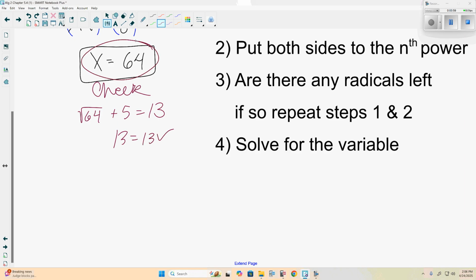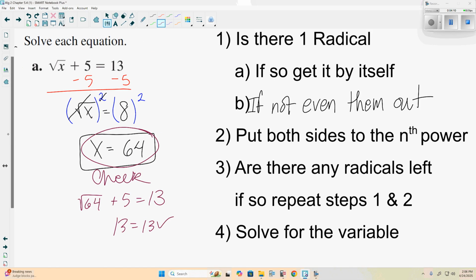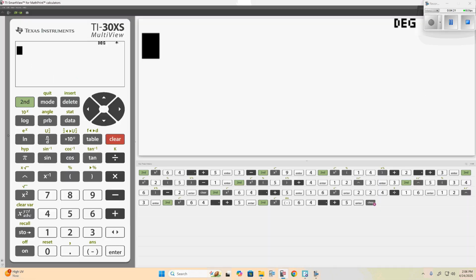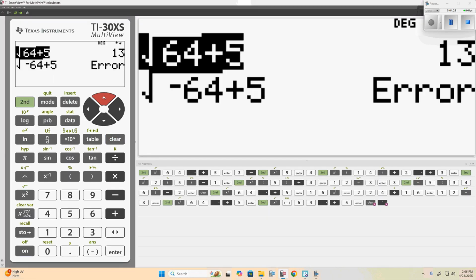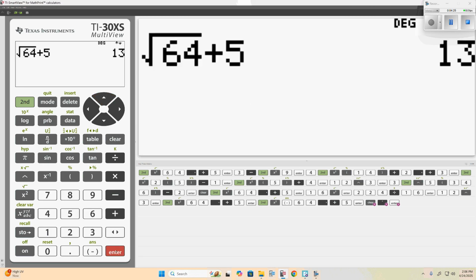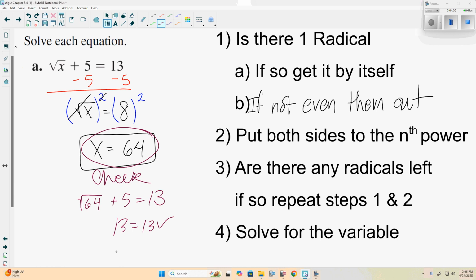Because when we square the number, we square the value of x. I just checked it. For the most part, when we check this, it's just square root of 64 plus 5. We throw it in a calculator. Does it actually equal 13? Square root of 64 plus 5 does indeed equal 13.